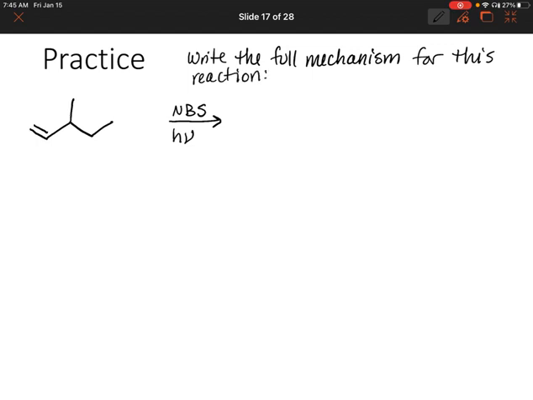Now, because this is a radical reaction, remember to include the initiation step, the propagation steps, and then the termination steps at the end. Well, for termination, you only have to include one termination step, so you don't have to include all possible termination steps. All right, so feel free to pause the video, look through your notes, and see if you can write those 3 steps for this radical reaction. And then when you unpause the video, we'll go over it together.